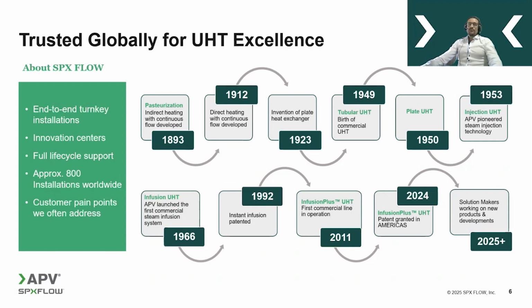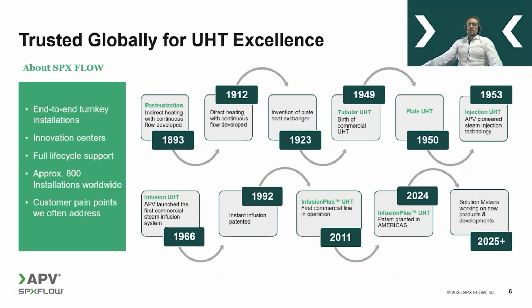It marked a breakthrough for processing complex and viscous products. Even today, tubular technology remains one of the most robust and flexible UHT technologies available for applications containing particles. That is the biggest strength of the technology.